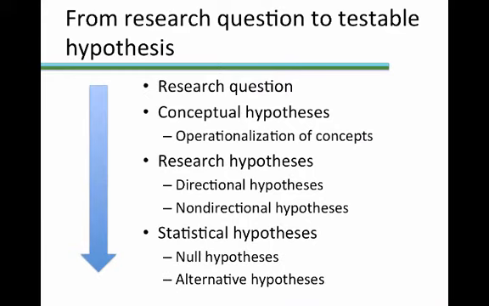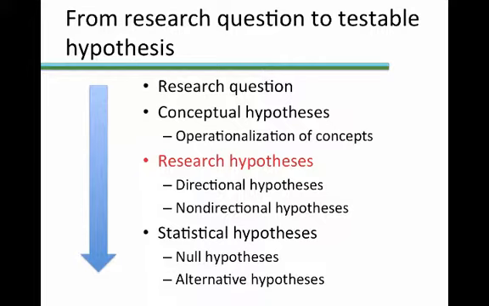So, in summary, when developing a testable hypothesis for our research study, we start with a broad research question. Next, we restate that question as a statement, a hypothesis of expected outcome. Usually this hypothesis is still at the conceptual level, so we operationalize the concepts and restate the hypothesis in measurable terms. This gives us a research hypothesis.